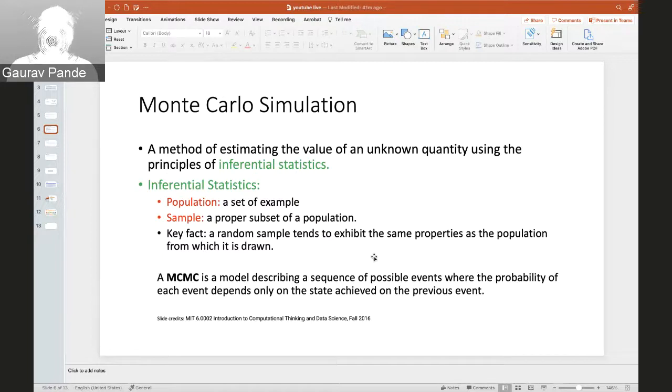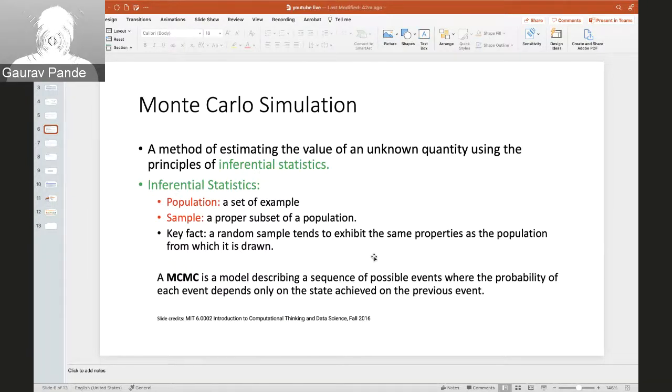So the key idea here is that a random sample that you have picked tends to exhibit the same properties as the whole universe or the population from which it is drawn. And that is the idea that is being used in both the algorithms, the Metropolis-Hastings sampling and the Gibbs sampling that you will be implementing in this assignment.